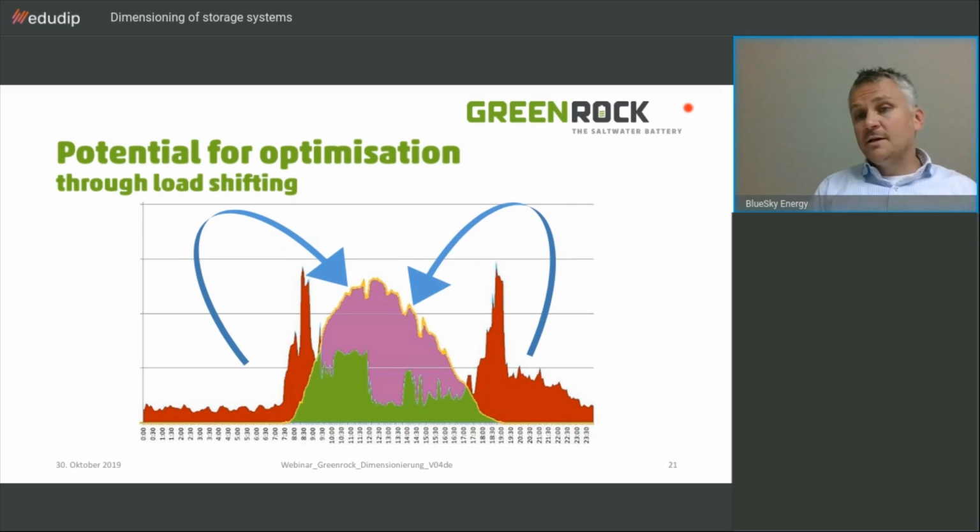On the other hand, there's also the option that we are doing some load shifting. When we've got a load over here and it's a flexible load, maybe there's a chance that this load does not occur at the time when we've got no PV energy, but maybe we get a chance to shift it into an area where we have excess energy in order to match energy production and demand.